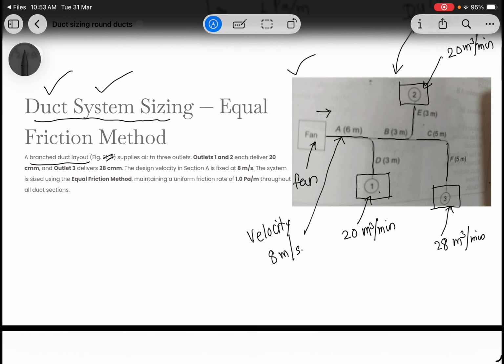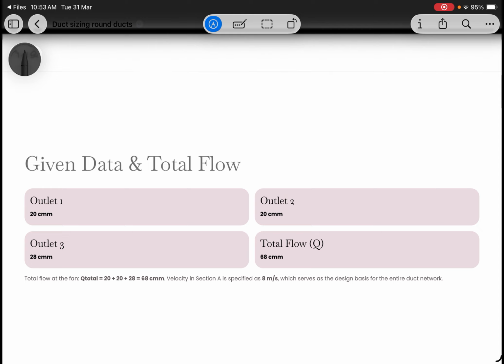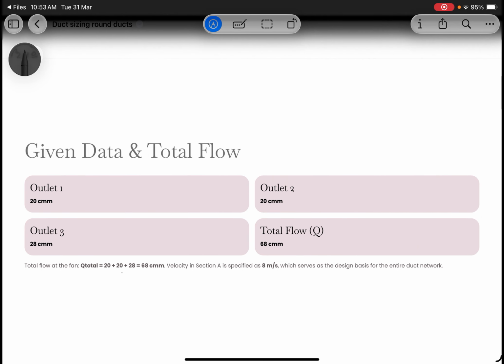The total air supplied is the addition of this plus this plus this. So it is 20 plus 20 plus 28, which is 68 cubic meter per minute.